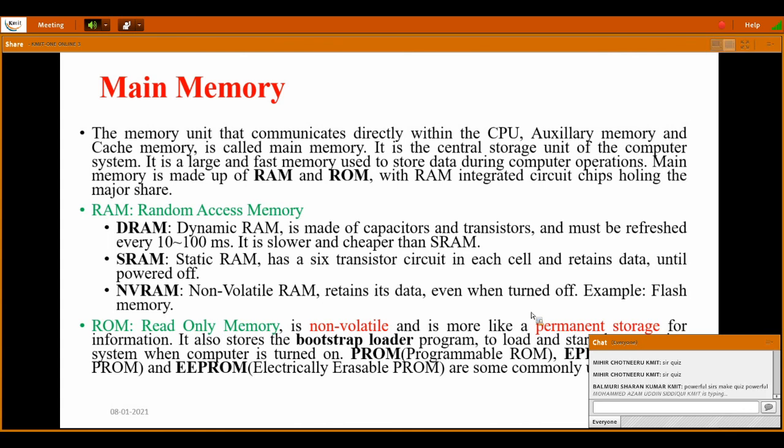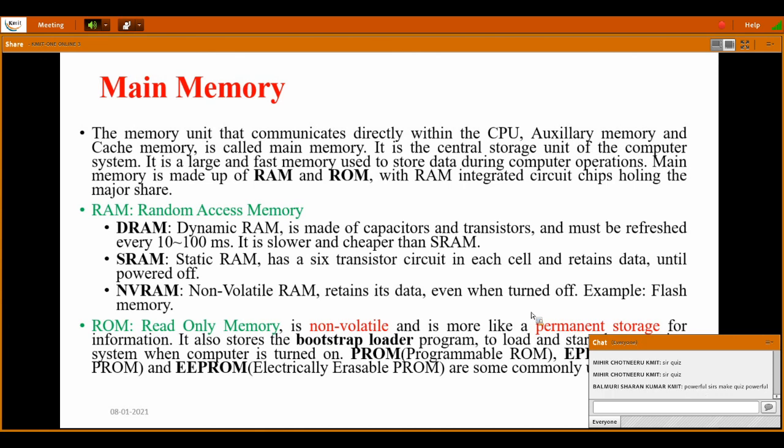Here we have the main advantage. The major application of DRAM is main memory. The main memory is designed with the help of DRAM. Nowadays, the best example of main memory is RAM. Everyone, we know the best example of main memory is the RAM.